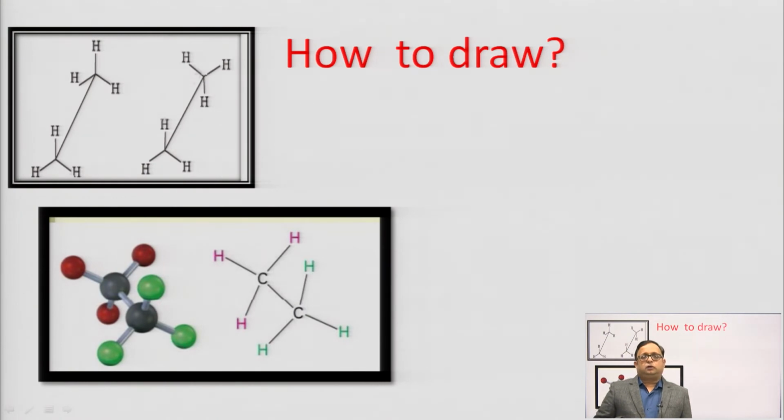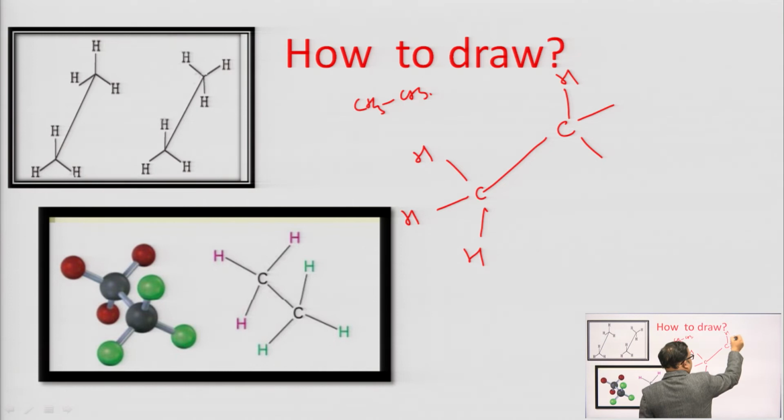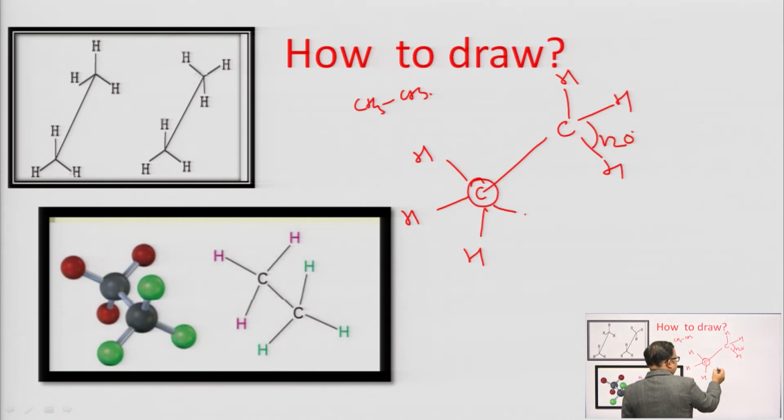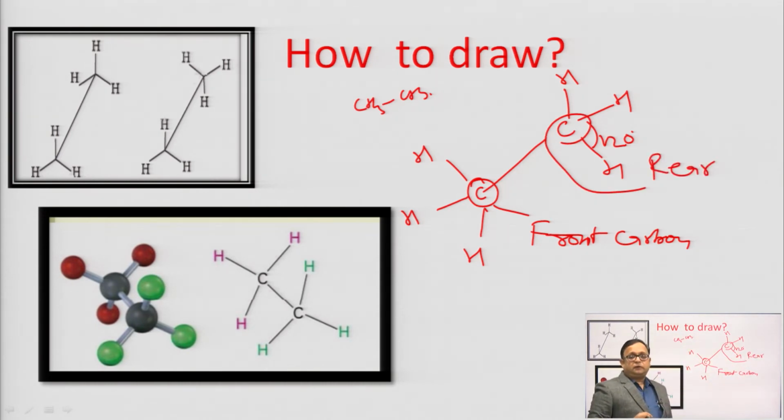So, how to draw this? I have given you an example like this. We are representing both the carbons like this. Let me assume the example of ethane. This is the front carbon, and we are representing all the 3 hydrogens with a difference of angle of 120 degrees, and this carbon is representing the rear carbon.